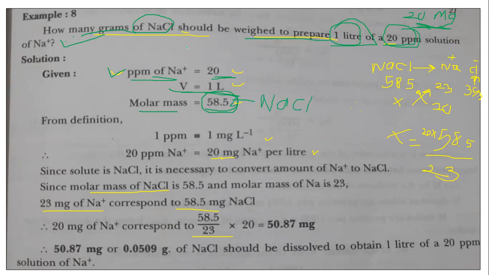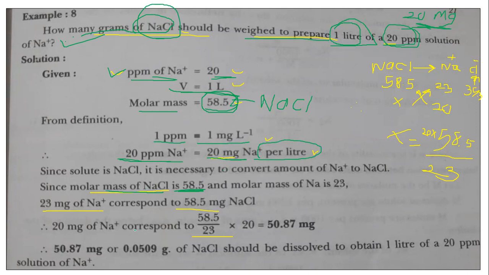Let's see how much sodium chloride we have to take. See, 1 ppm is equal to 1 mg per liter. Now this definition is clear to you. So 20 ppm of sodium is equal to 20 mg of sodium in a liter of solution. This is known to you, but we know that molar mass of NaCl is 58.5 gram.